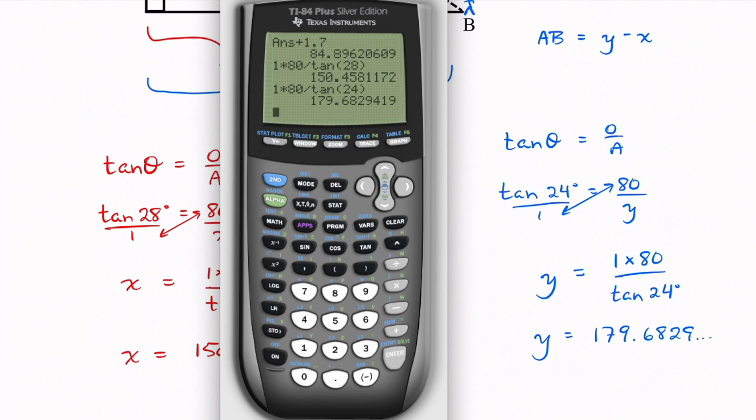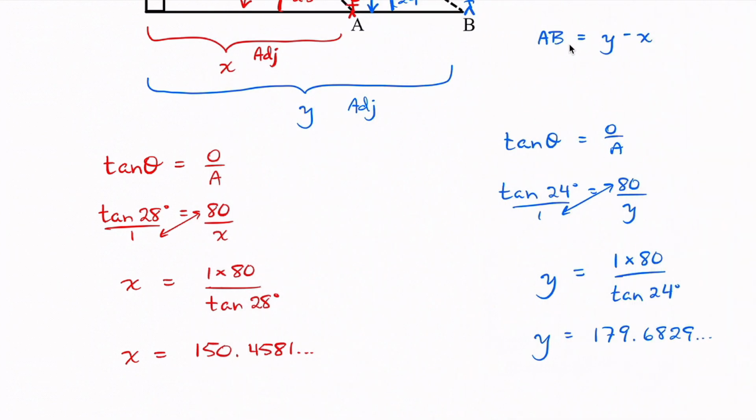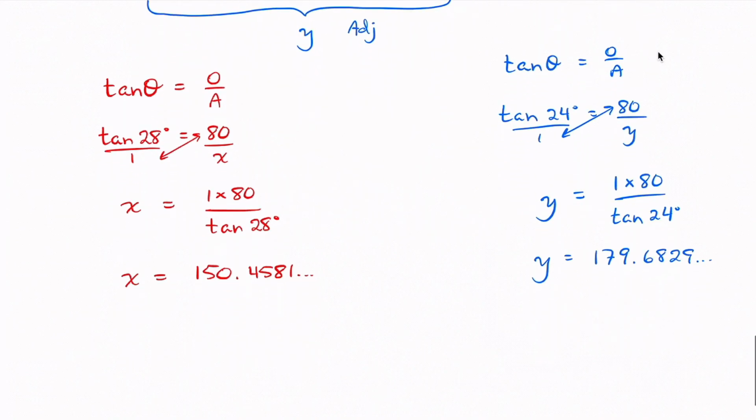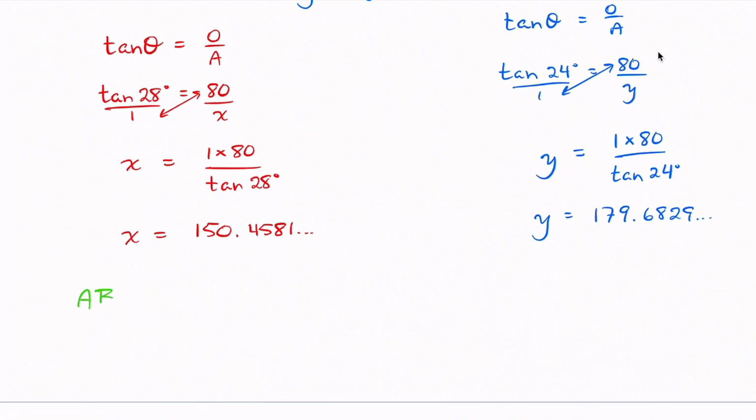The very last thing we needed to do to find the distance from A to B was to take the whole distance across and take away the x, take away this length. So y minus x. Let's do that at the very bottom. The distance from A to B is y minus x, which is equal to about 179.6829 subtract 150.4581, and we'll use our calculator to do that.